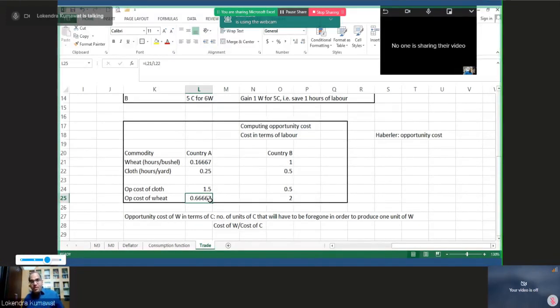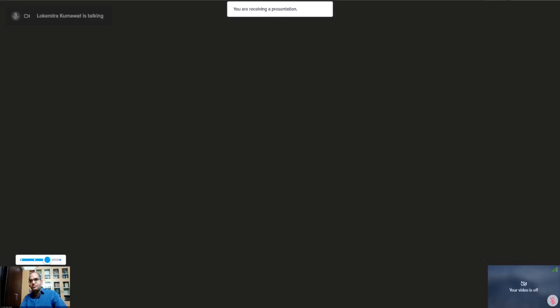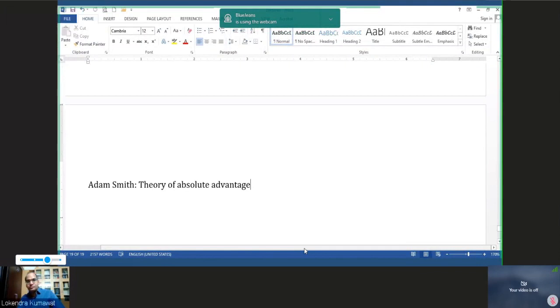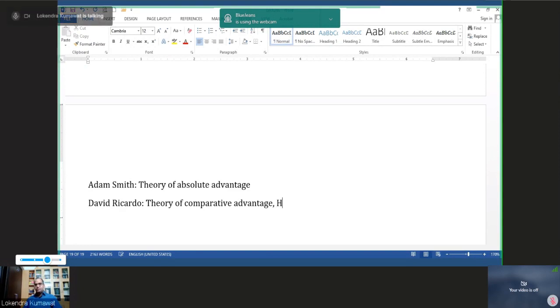Okay. The problem with these theories is that even though they explain the gains from trade, they do not explain why comparative advantage arises. Another theory we have seen is David Ricardo's, and to this, Haberler added the concept of opportunity cost.